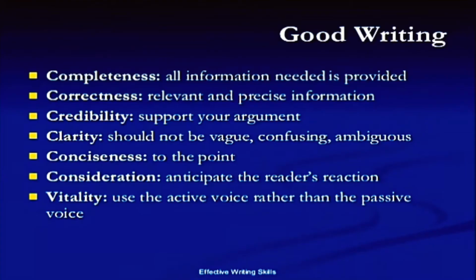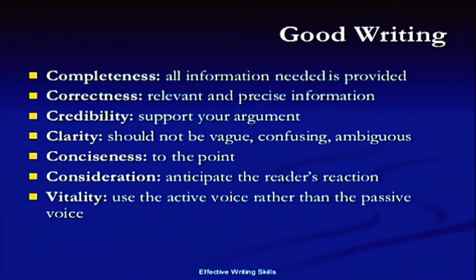Now, what is good writing? Good writing includes completeness, correctness, credibility, clarity, conciseness, consideration, vitality. Now, what is completeness? Completeness means when all information which is needed is provided. Correctness means relevant and precise information. Your writing gives relevant and precise information.